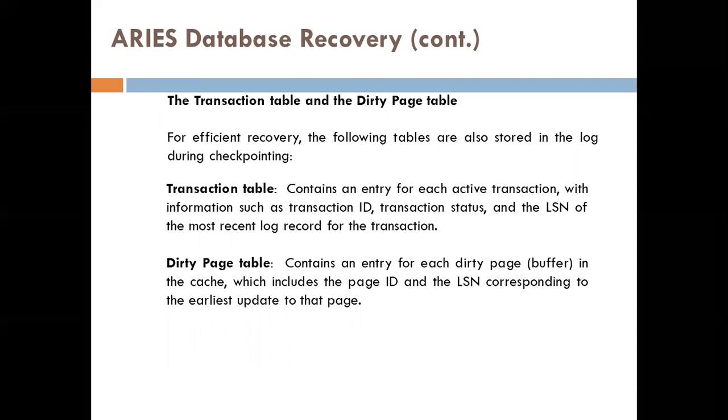The dirty page table is also maintained. It contains an entry for each dirty page. A dirty page is a buffer in the cache, and the entry includes the page ID and the LSN of the corresponding latest entry that has updated a particular page. All these tables are maintained so that the recovery can happen quickly.